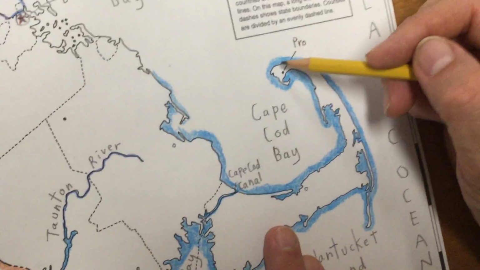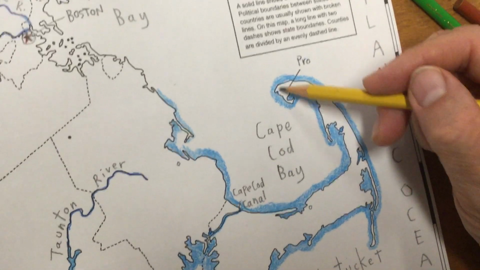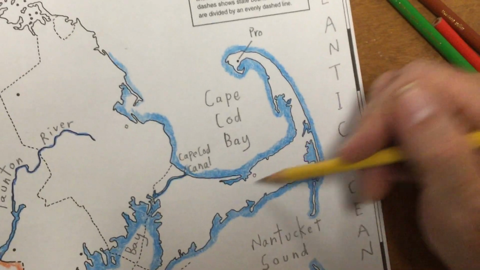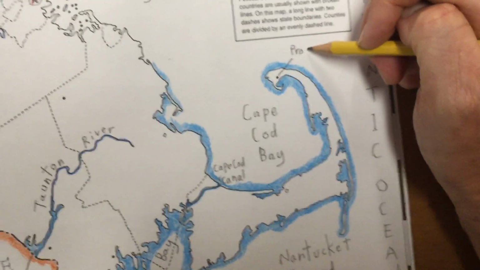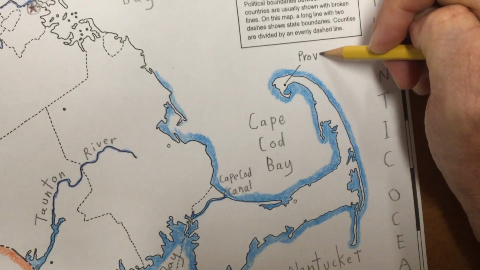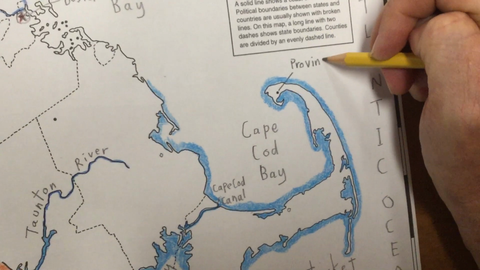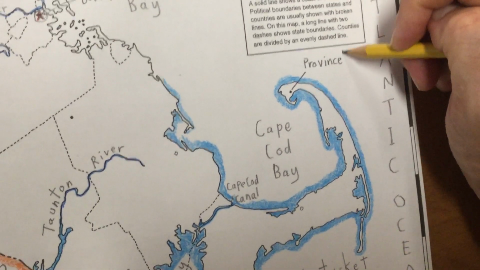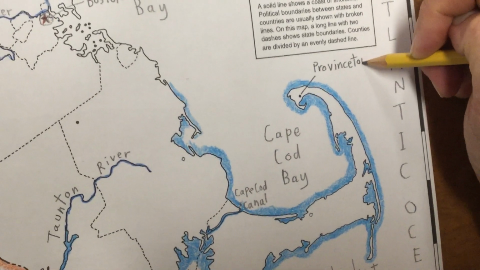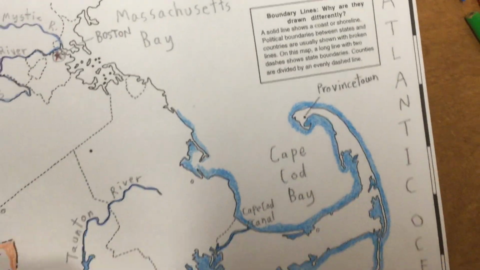I bet some people would say that this is technically Cape Cod at the top here, but many people just call this the Cape. And I think that includes this whole area right here. You can discuss that with your teacher a little bit more too, to find out the exact details on that. But here's the town of Provincetown, right at the tip there. As we go, we'll check them off the list.